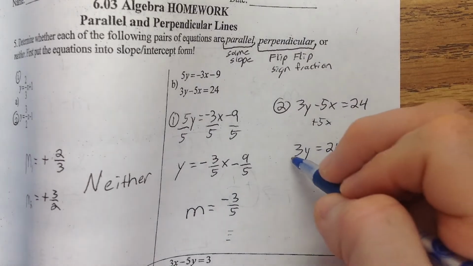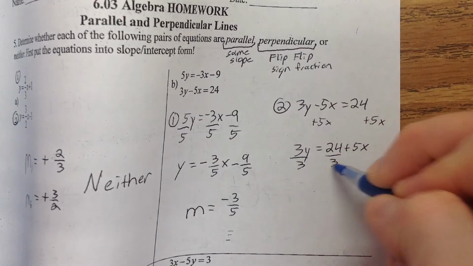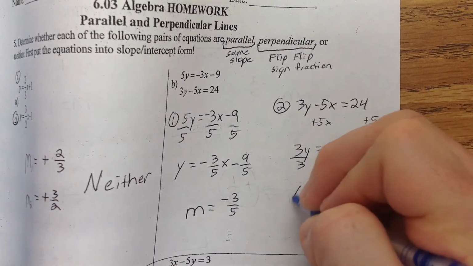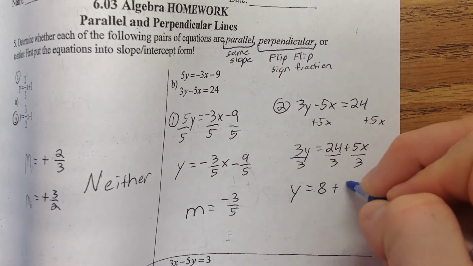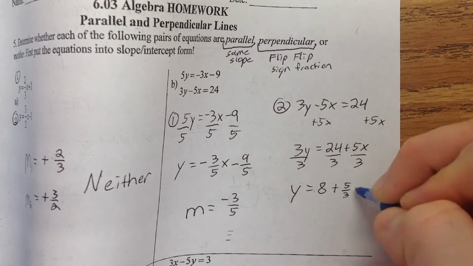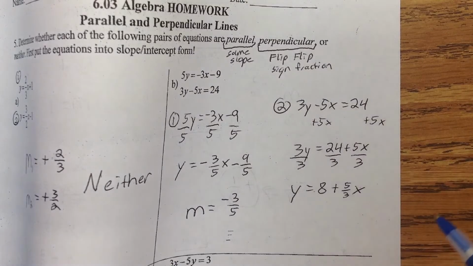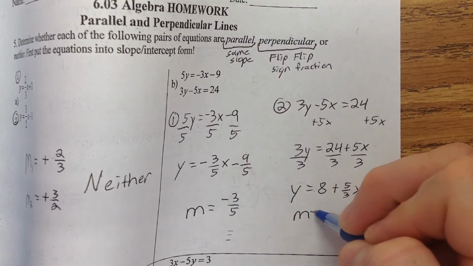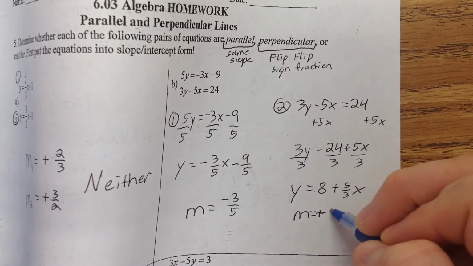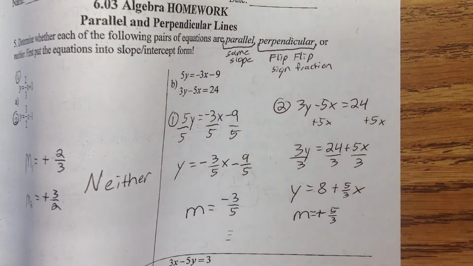We're going to divide everything by 3. And we're going to get y equals 8 plus 5/3 x. So our m here is a positive 5/3.